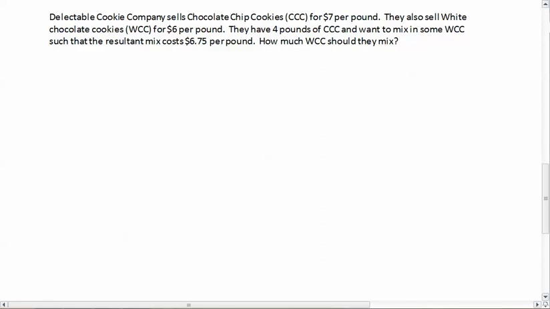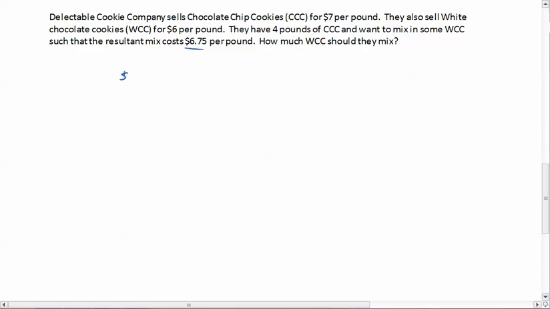That stuff's sweet. Okay, so let's go ahead and solve the problem. This is going to be a weighted average, right? First we've got the chocolate chip cookies, which are $7 per pound. So we're looking at the prices here.